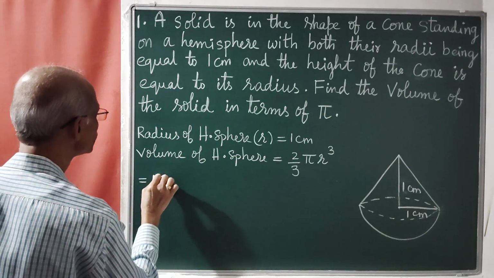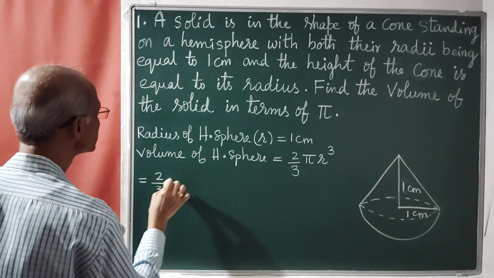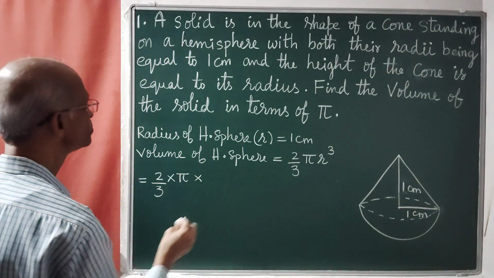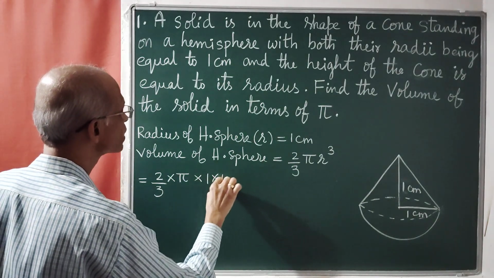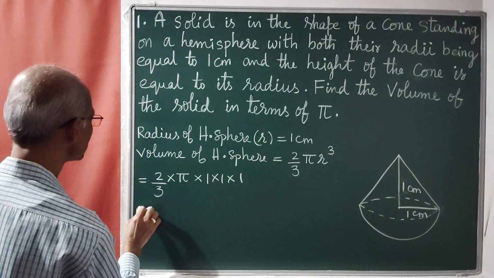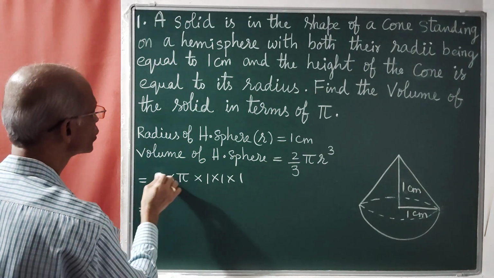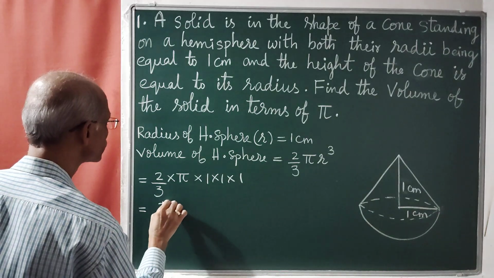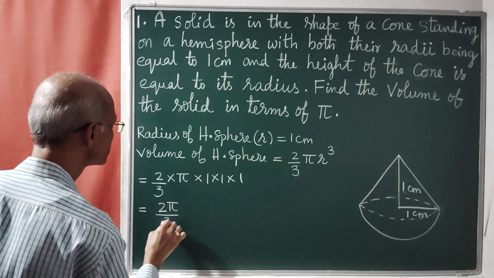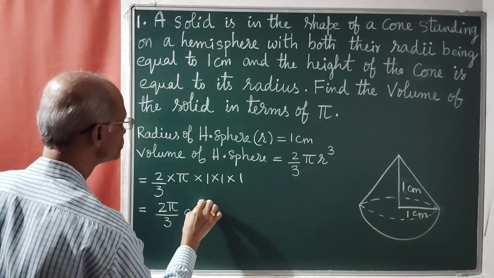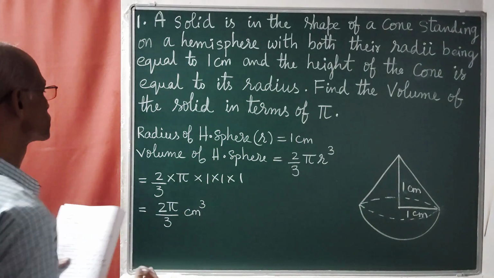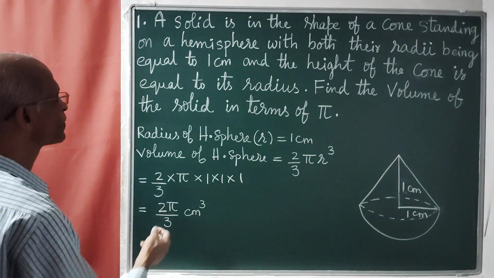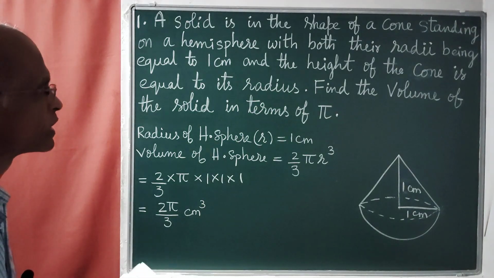That's equal to 2 by 3 into pi into r cube, 1 into 1 into 1. That's equal to 2 pi by 3 centimeter cube. So the volume of the hemisphere is 2 pi by 3 centimeter cube.